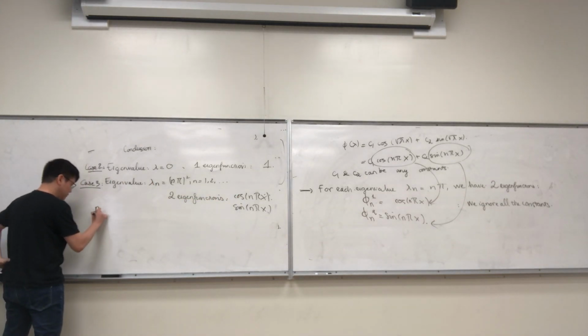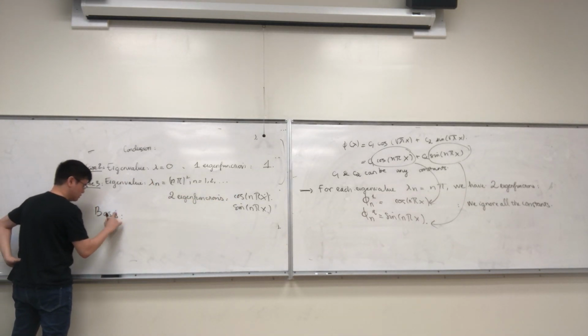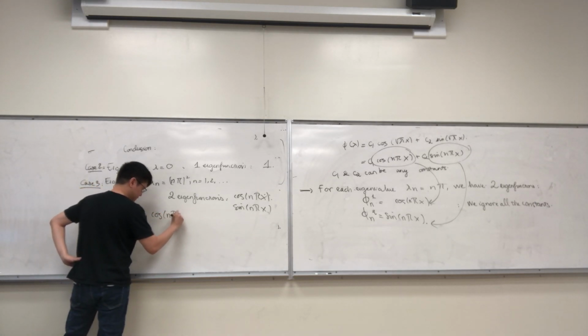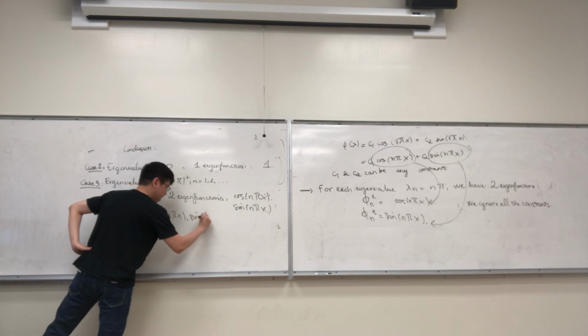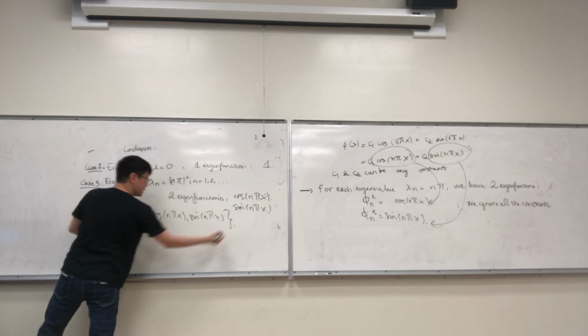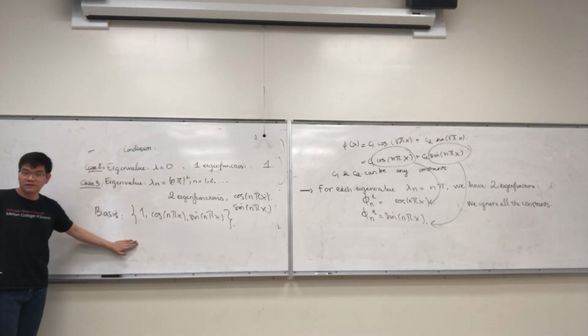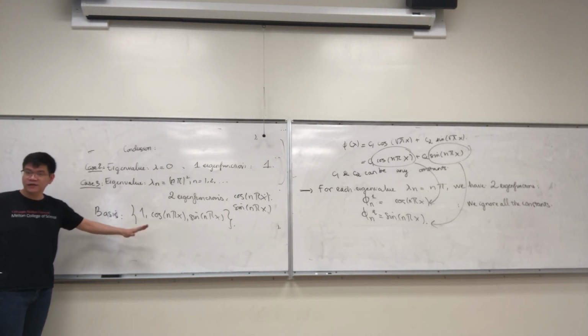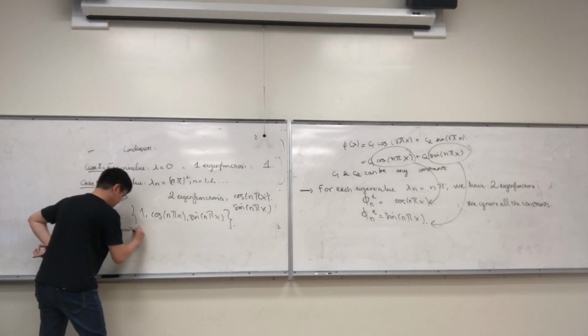So the basis will be 1, cosinus of n pi x and sinus of n pi x. This is the Fourier basis. This is what we find in the first chapter.